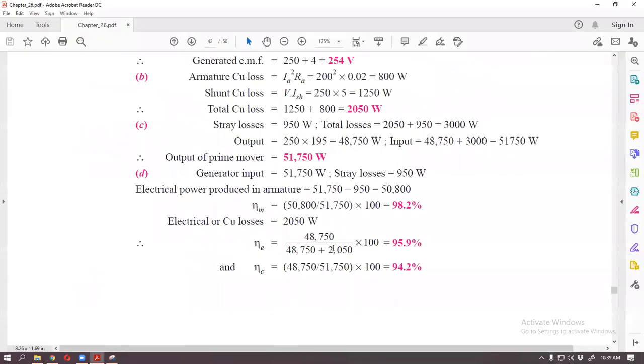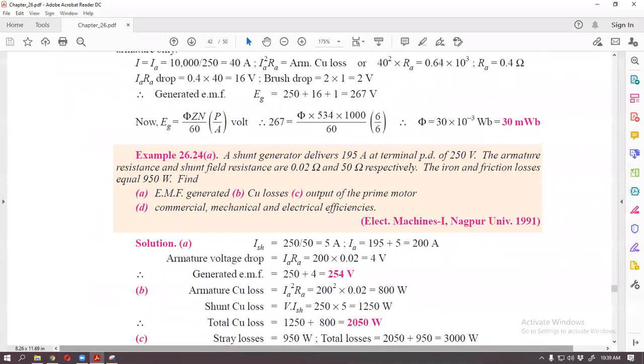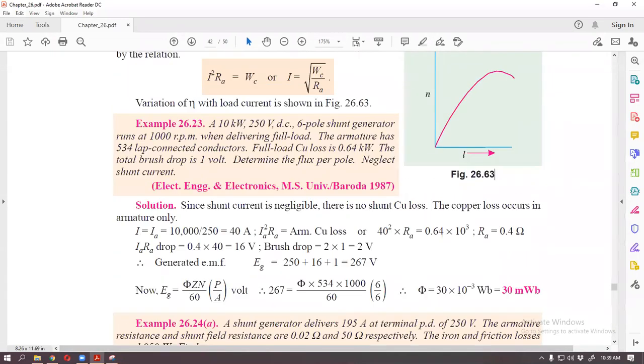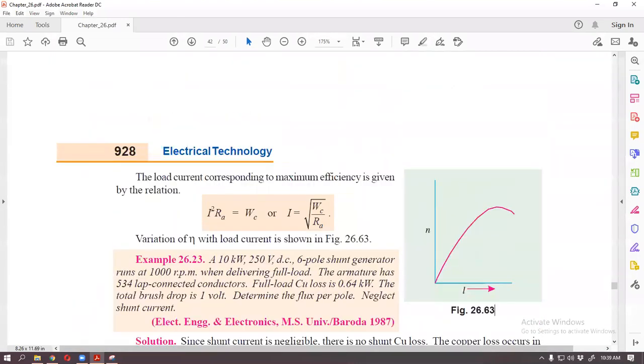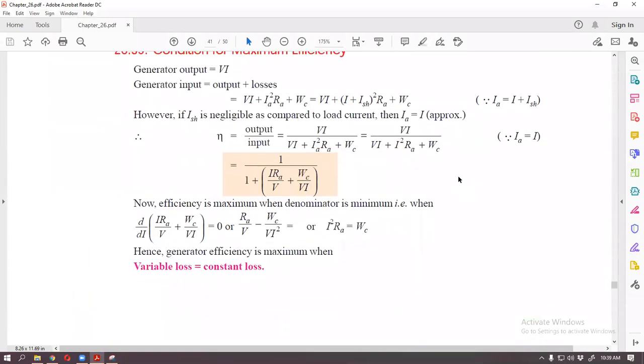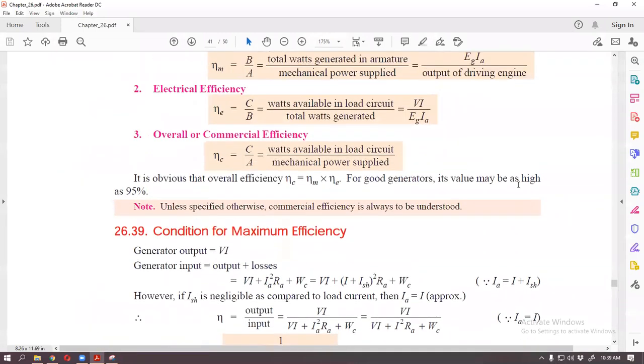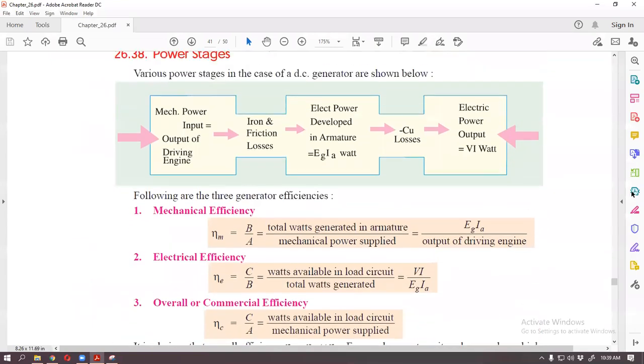You know that the generator output means the last stage, the power stage. This is the last stage of our generation. So this is the generation output, VI. All are clear? This is the generation output, and this is the generation input.